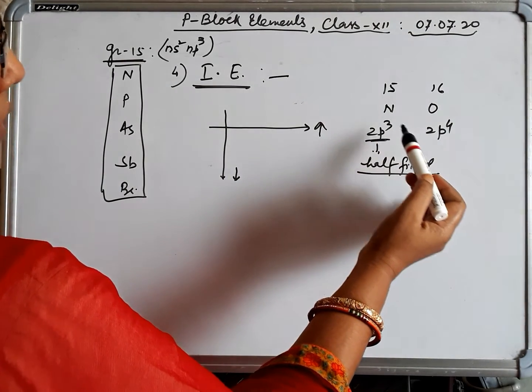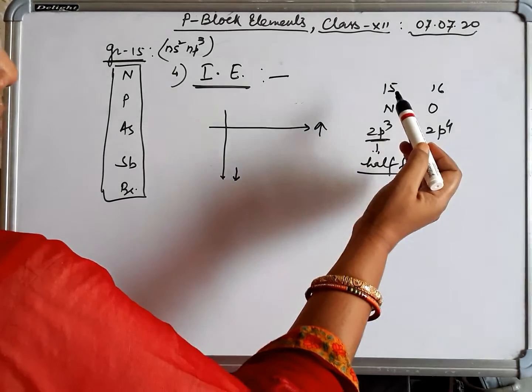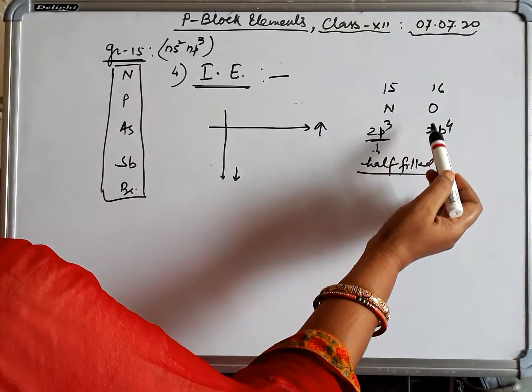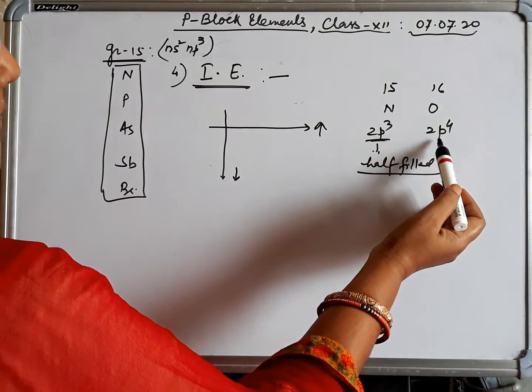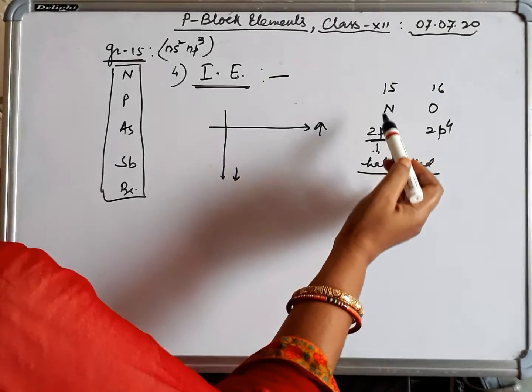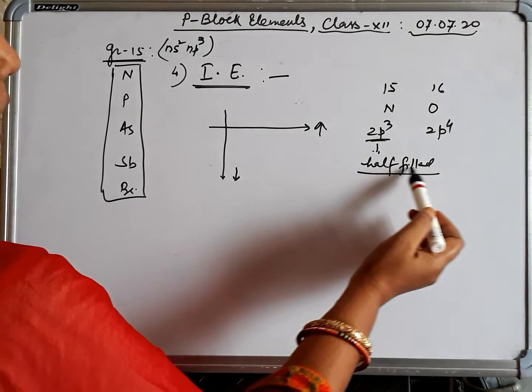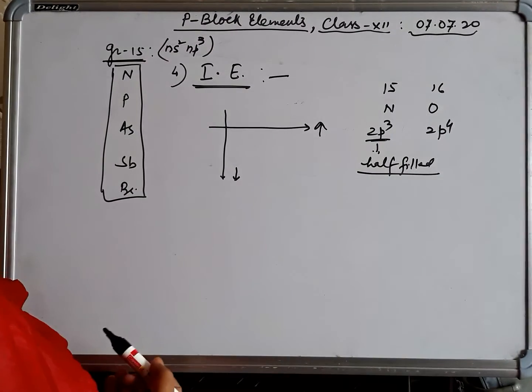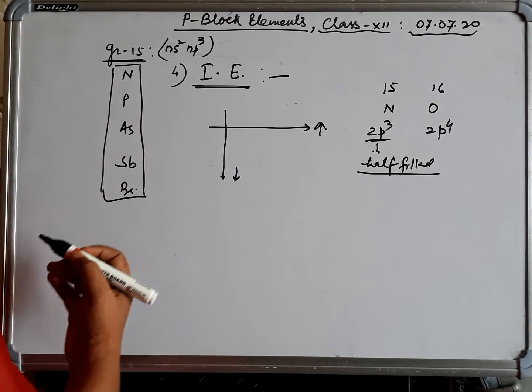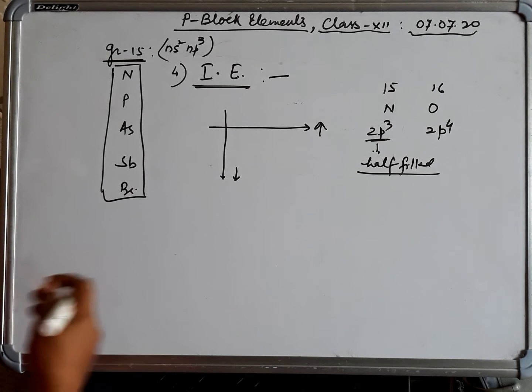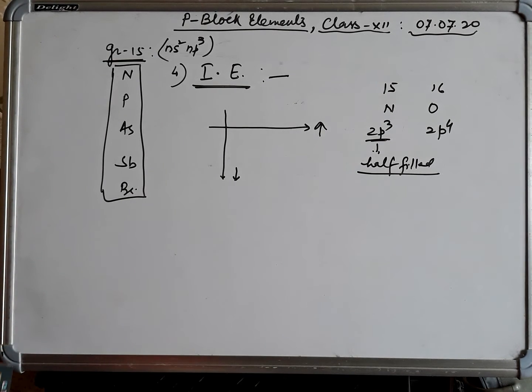But here, group 16 atoms have less ionization enthalpy than group 15 members due to the half-filled stable configuration. So this is the anomalous trend obtained when we talk about ionization enthalpy.